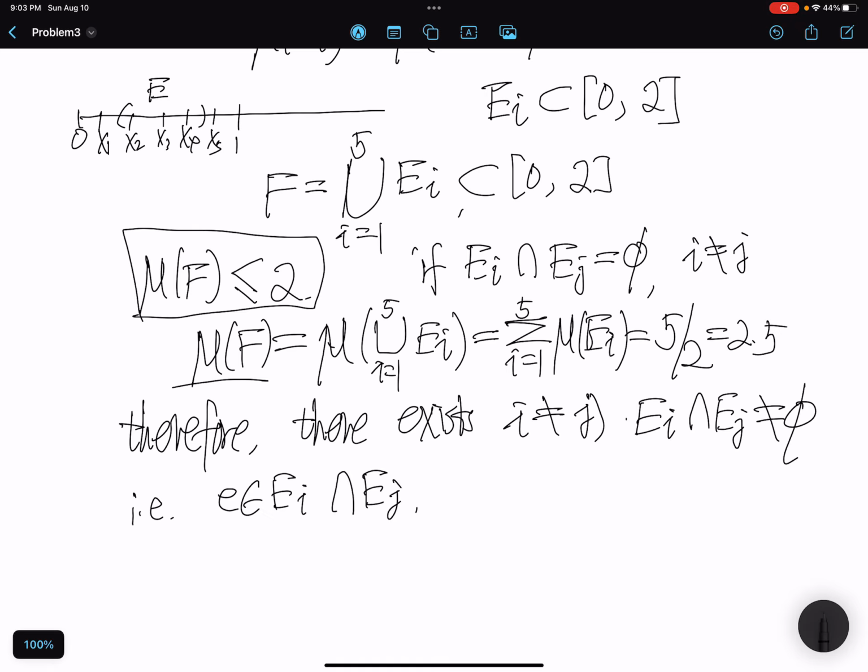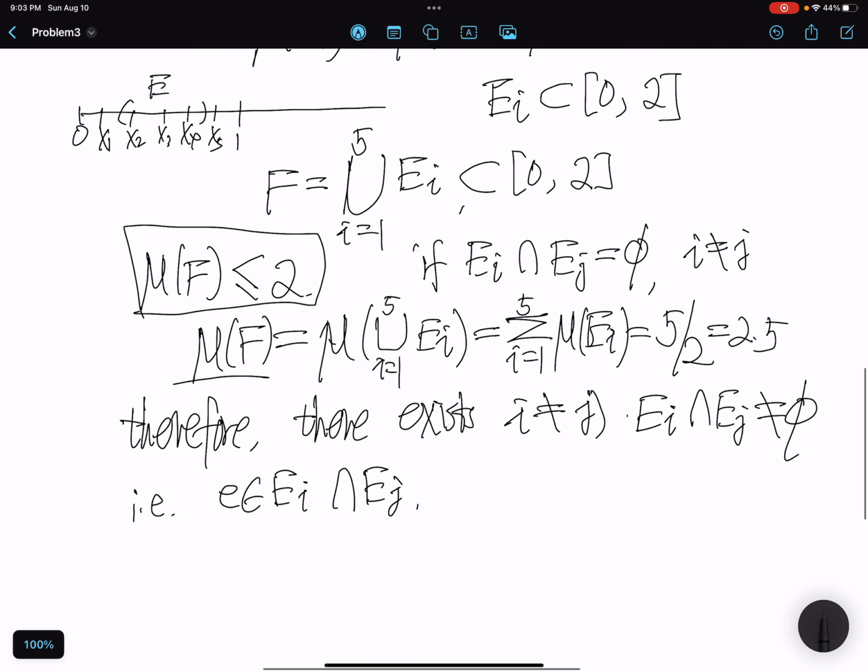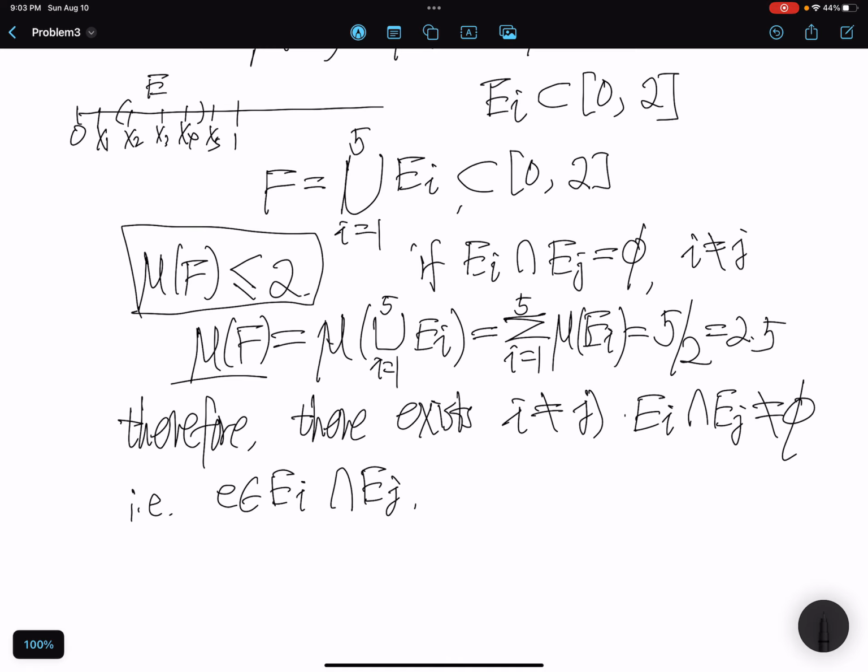And now, going back to the definition of E_i, we know there exists an element that can be written as x_i plus some y. And also, because it's also in E_j, it is x_j plus some z, where y and z are in E, right?